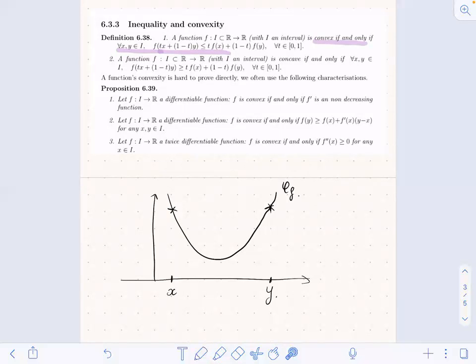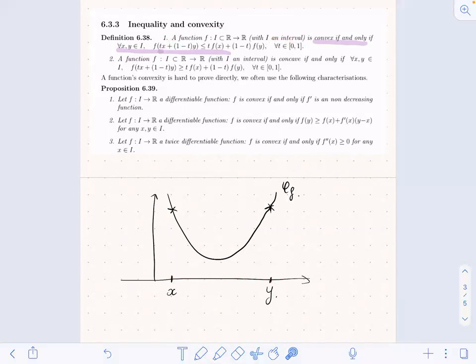Now, where is the point t x plus (1 minus t) y if you take t between 0 and 1? Between x and y, yes, absolutely. If you set t equal to 0, you start at y, and as t increases, you head towards x. This is called a convex combination of x and y.